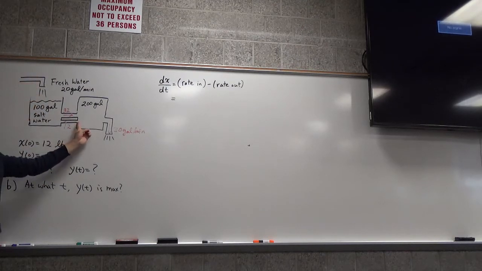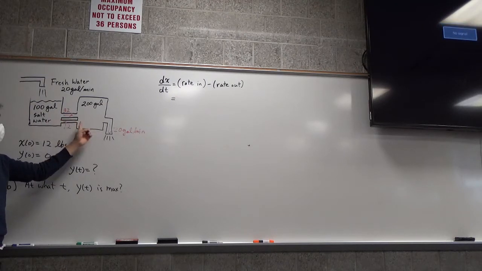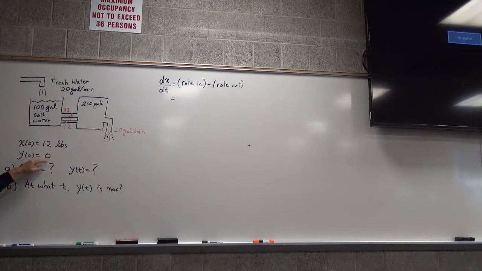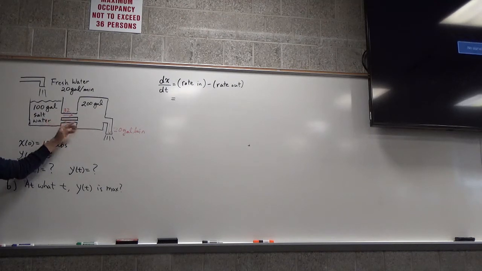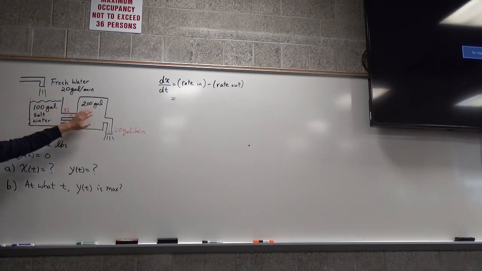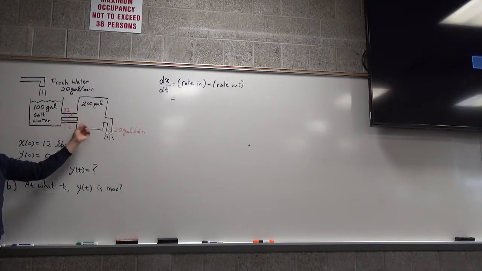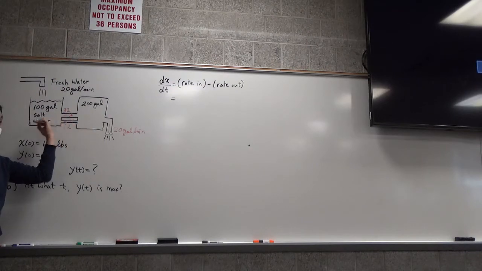Now there's also mixed water coming in here, and initially y of 0 is 0, so initially it's also fresh water, but at some point salt here will be going here, and then when this does have salt, this will be actually some sort of increase in the salt.